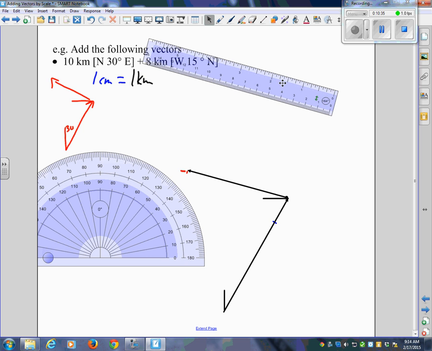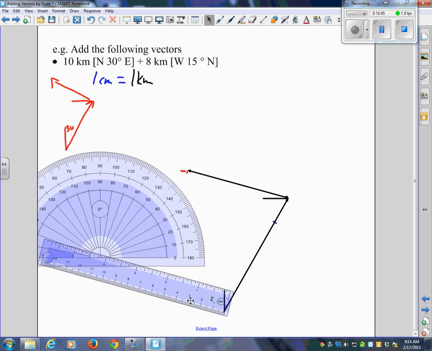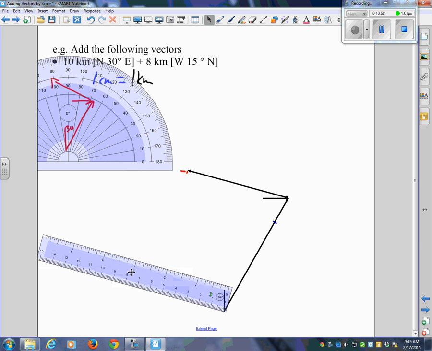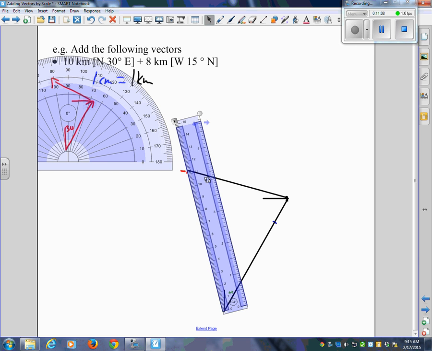There's my angle, Amanda. Now what do I draw now? And where do I start the resultant from? From the beginning, way down here. So put your ruler way down here, and I go right to there.